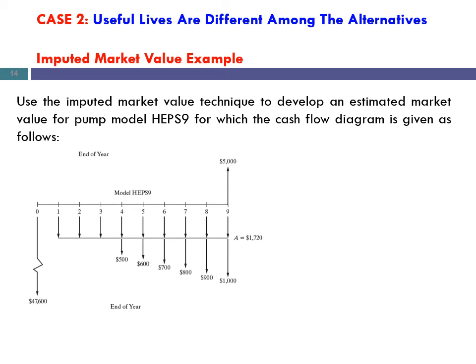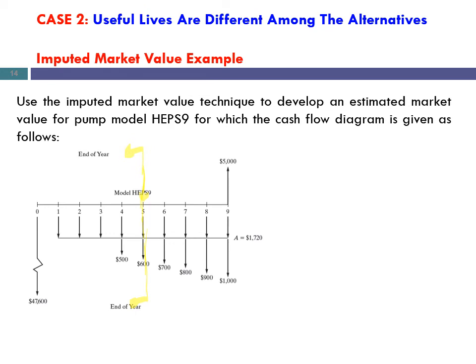So this cash flow diagram gives all the information. And then we want to find the estimated market value for this pump at the end of year 5. So 5 will be the end of the study period.